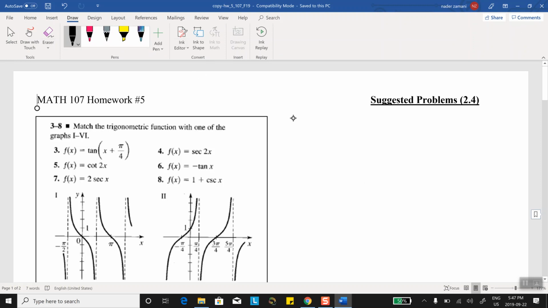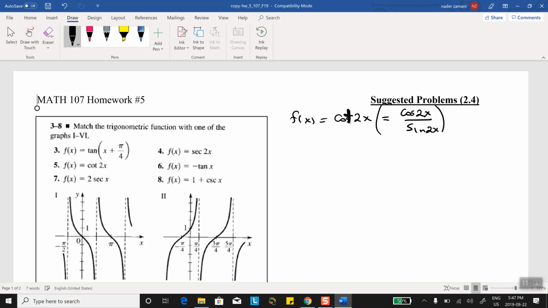So what I have here is f of x equal to cotangent of 2x, which incidentally for my information is cosine of 2x divided by sine of 2x. This is helpful for me because it tells me when the denominator is 0 right away. Okay? So this is cotangent, not cosine.